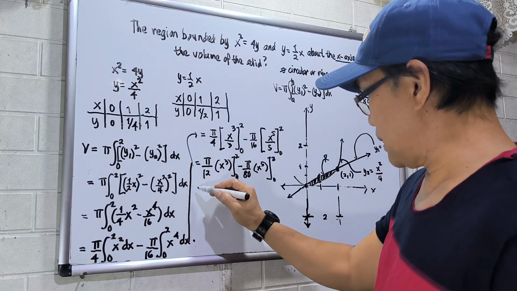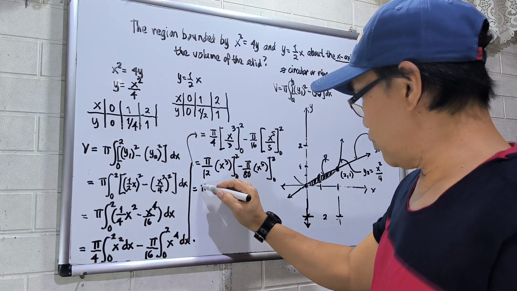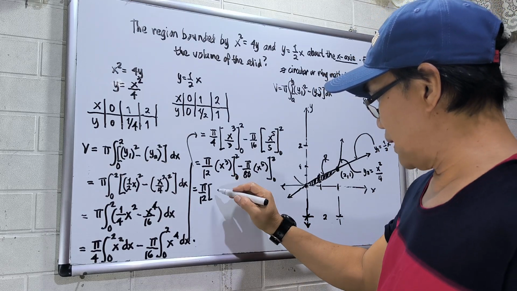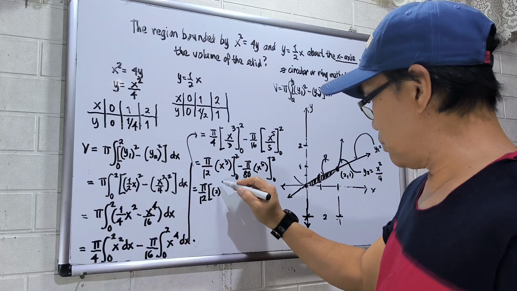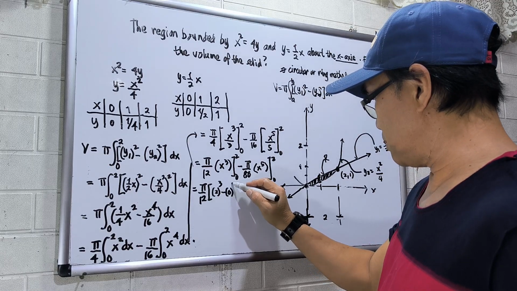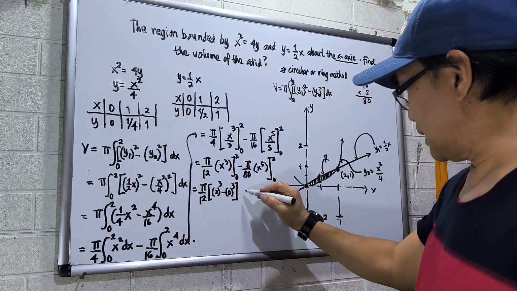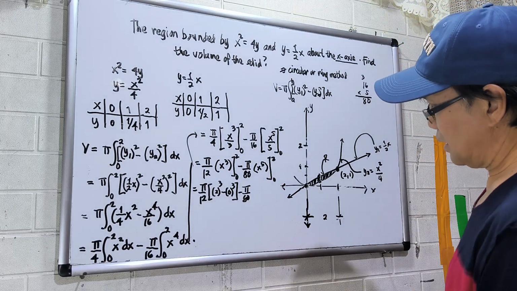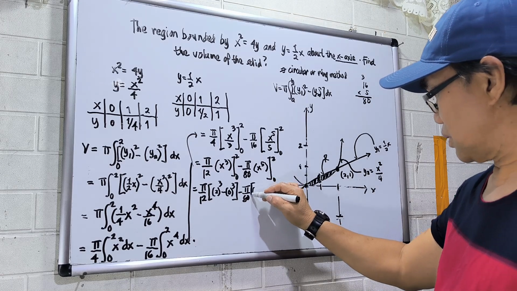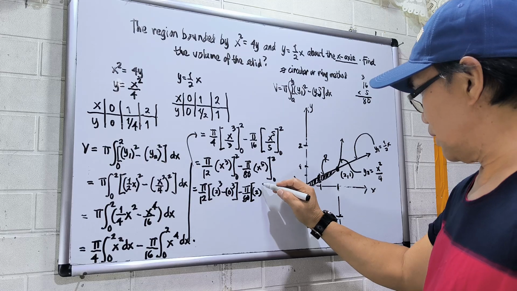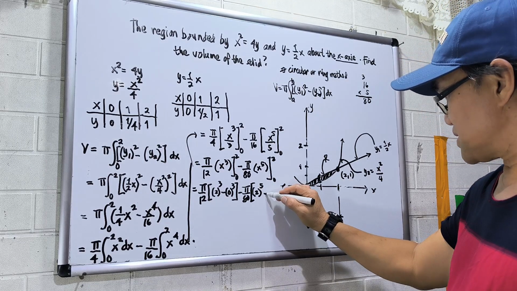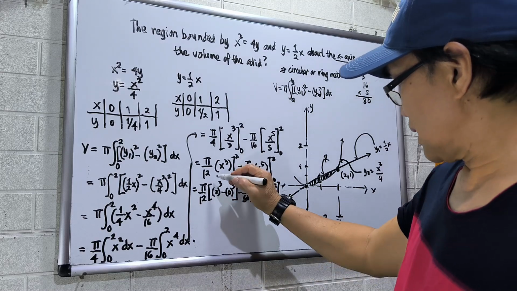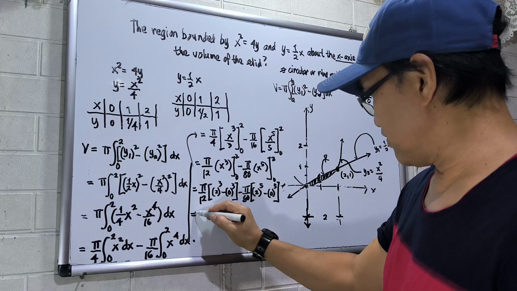So this will be pi over 12, square brackets. This will be upper limit minus lower limit, 2 cubed minus 0 cubed. Then minus pi over 80, then this will be 2 to the 5th minus 0 to the 5th. Okay, this is different, right?